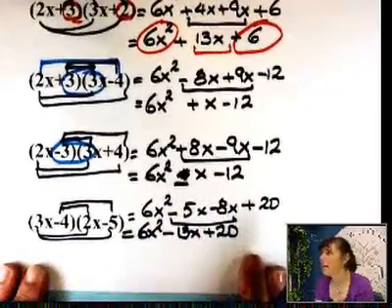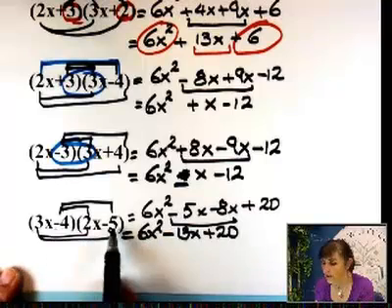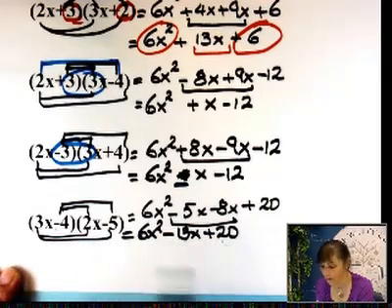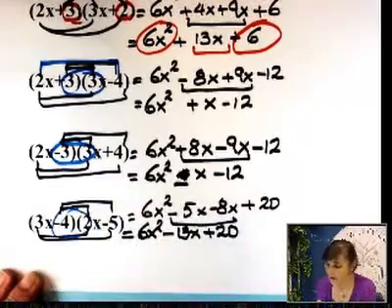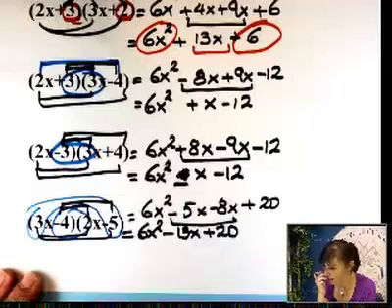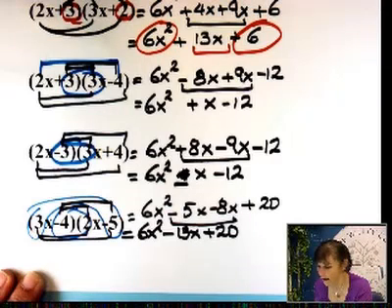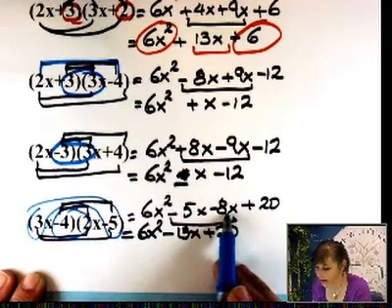Let's go and do the last one. 3 times 2, 6. Negative 4 times negative 5, that's positive 20. So let's look at the middle term. That one is negative 8, and this one is negative 15. Oh, I did that one wrong too. Okay, negative 8.